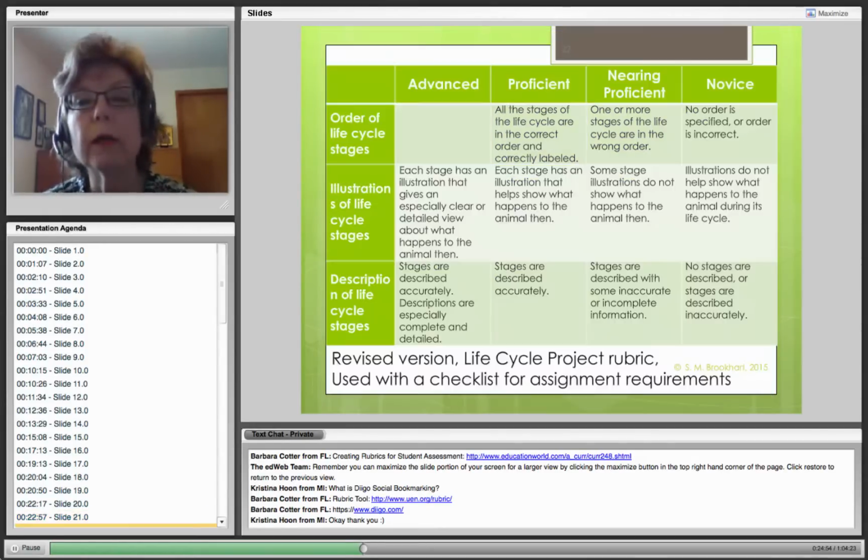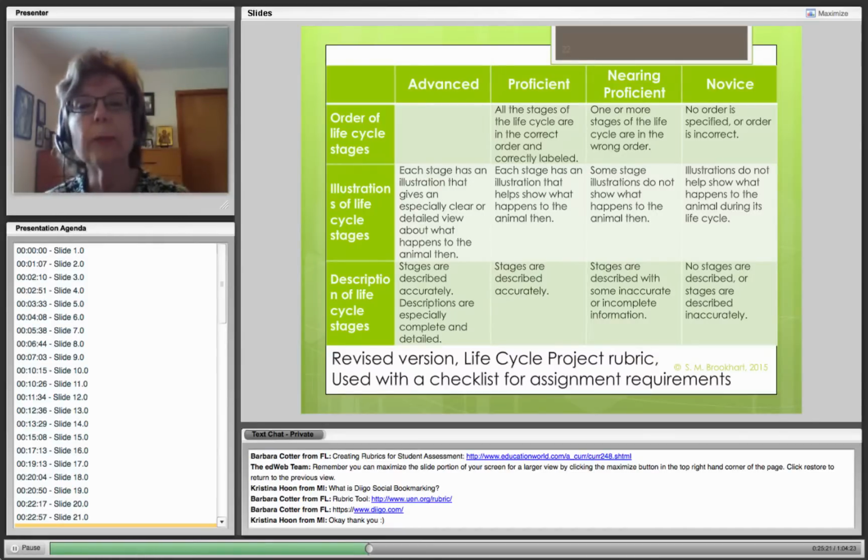So here's what we did when we revised it. We revised the scale for reasons that aren't relevant here, but we kept the criteria that have to do with understanding the life cycle. We changed the wording in the performance level descriptions to be about the substance, not about the counting, so that each stage has an illustration that helps show what happened to the animal is proficient.